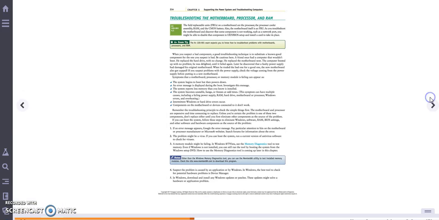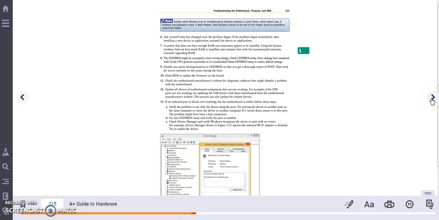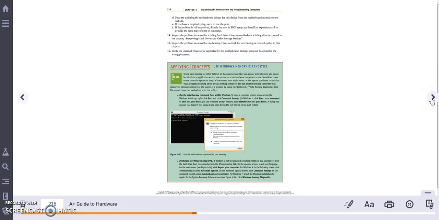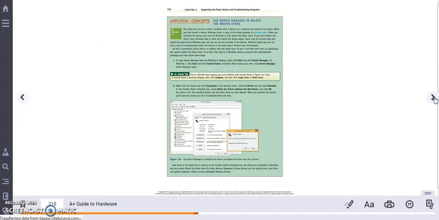Troubleshooting motherboard, processor, and RAM. Then there's Windows Memory Test Diagnostics. Please, if you're going to do this applying concepts using the device manager to delete the driver store, don't do this on your home machine.